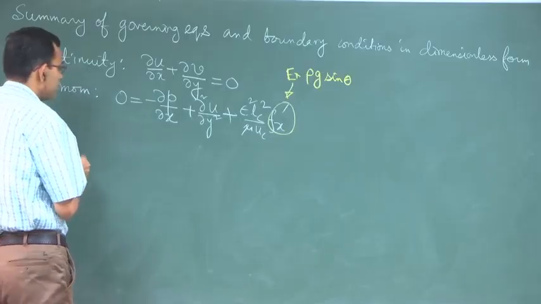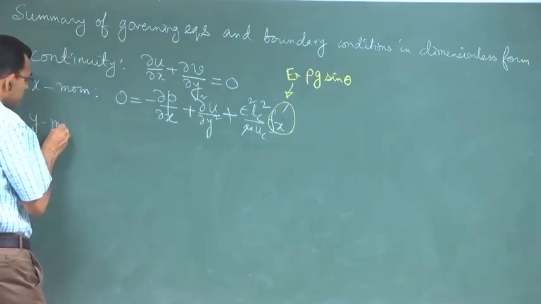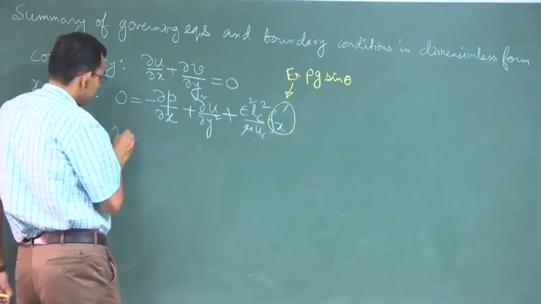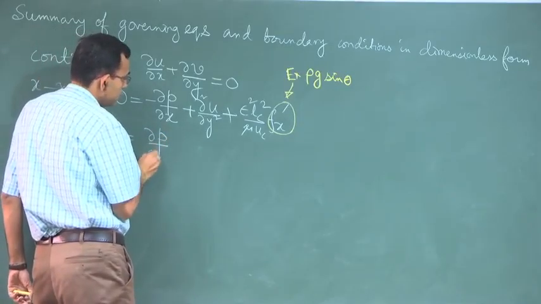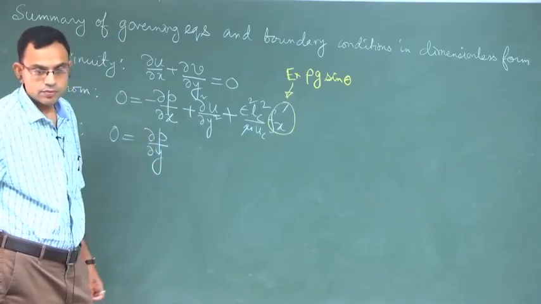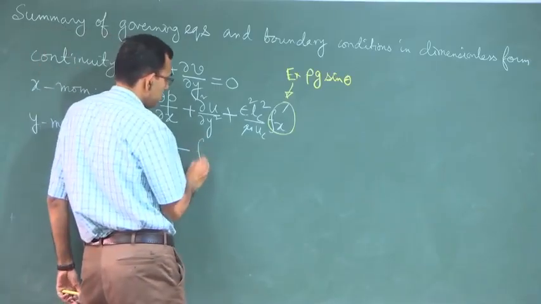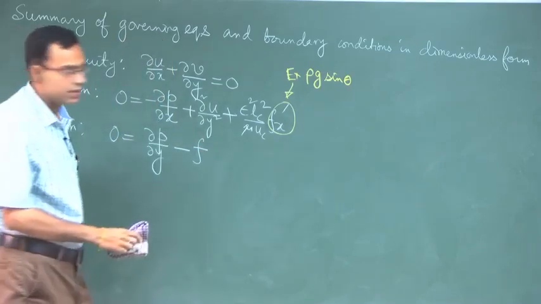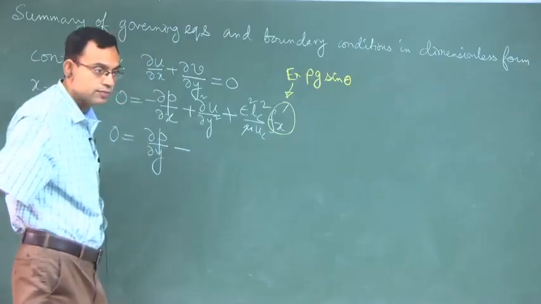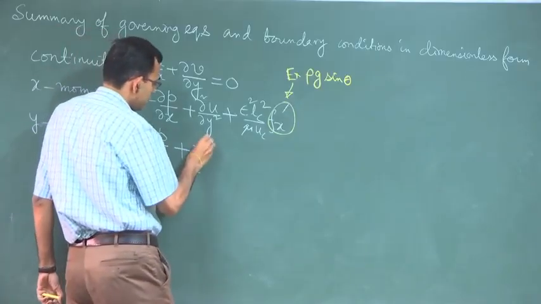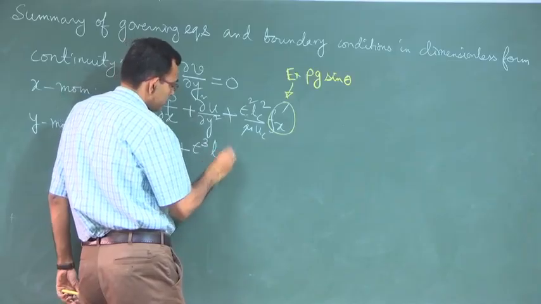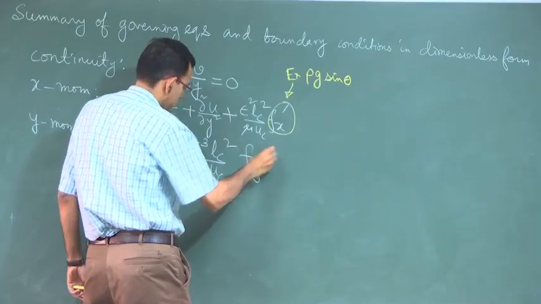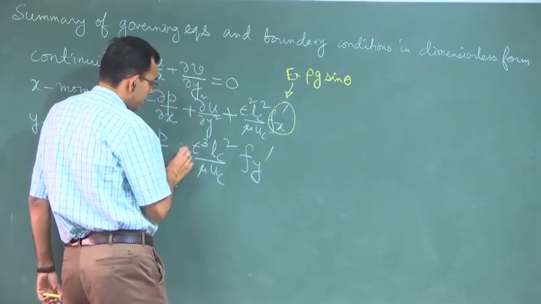Then y momentum, zero is equal to, this will be epsilon cube Lc square by mu Uc, with a minus sign, right.